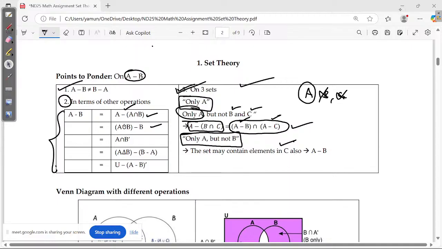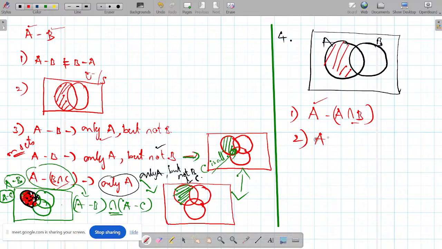Yes. A union B minus B. A union B first, then minus B. A union B, which means you'll go for full complete shading where you have to remove complete B, which means you will remove B. So what will be existing? The same shading. Okay, so I'm not confusing with the shading.